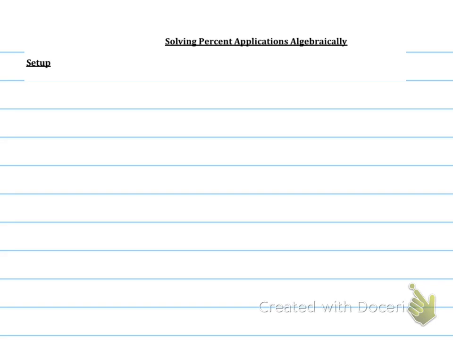So I always set up percent problems exactly the same way. The basic percent equation is the equation we will use for every single one of these problems, which is kind of nice because you don't actually have to come up with an equation, you just have to come up with the pieces to plug into it. So the equation is A equals P times B. A is the amount, we call it.